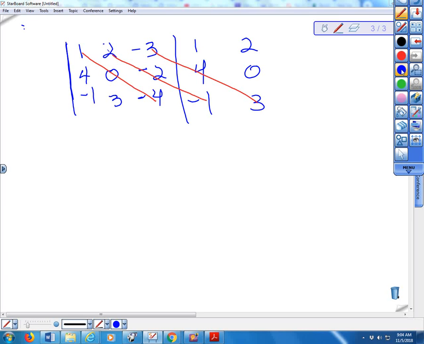0. 0. We'll have to use the mouse because I can't do it any other way. 0. 2 times negative 2 times negative 1 is positive 4, right?